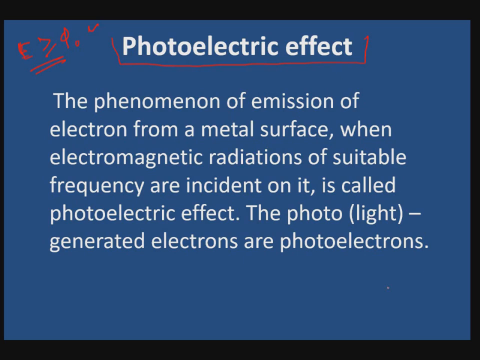It should not be confused with a photon. These are simply electrons emitted or generated from the metal surface. So suitable energy is incident, electrons are emitted, and these electrons are called photoelectrons. So that is it, photoelectric effect.